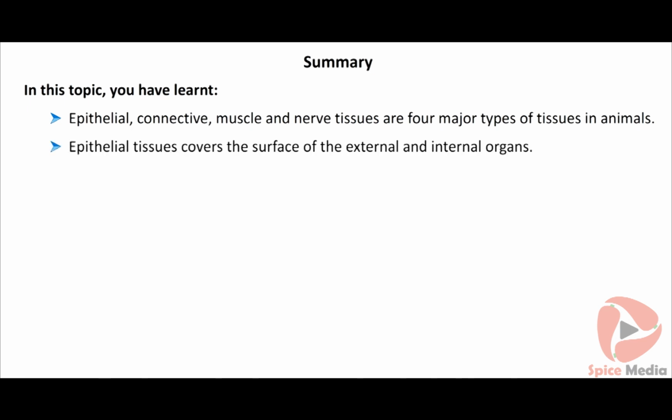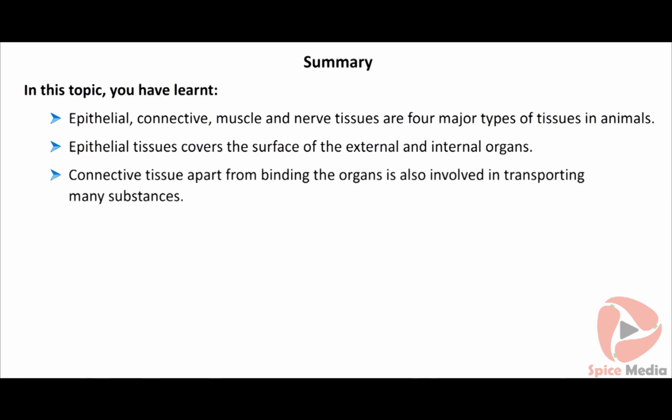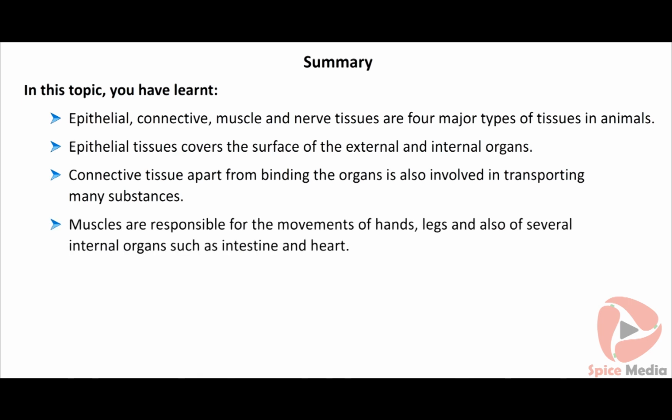Epithelial tissues cover the surface of the external and internal organs. Connective tissues, apart from binding the organs, are also involved in transporting many substances. Muscles are responsible for the movement of hands, legs, and also of several internal organs such as the intestine and heart. Nerve tissues have neurons and glial cells.